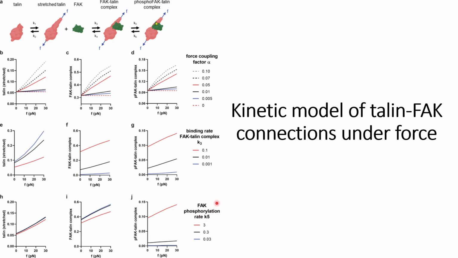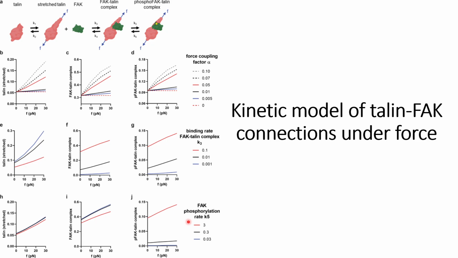When K5 is reduced, the raw material production will be high as it is consumed less. Thereafter they check the activation of the phosphorylation. It goes down, since K5 is the rate constant for the forward reaction which forms the phospho FAK-talin complex. So if K5 goes down, the activation of FAK also goes down.